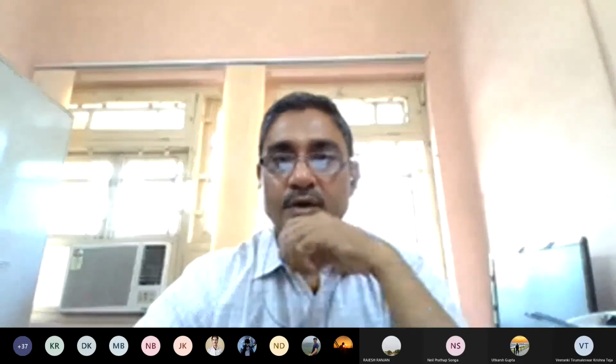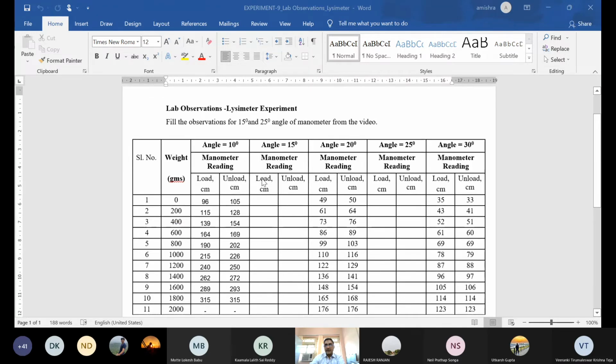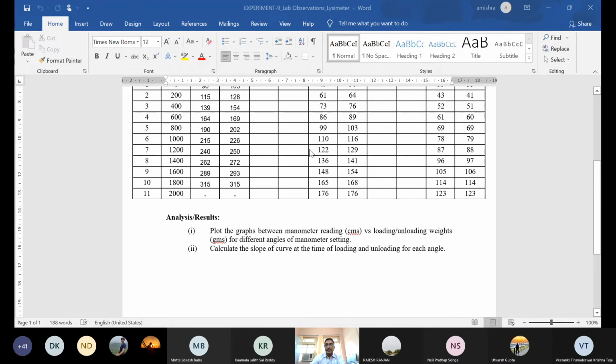Can you see my Word file? For 10 degree, 20 degree and 30 degree, I have uploaded this file in your document section. So three observations for 10 degree, 20 degree and 30 degree, it is given here.